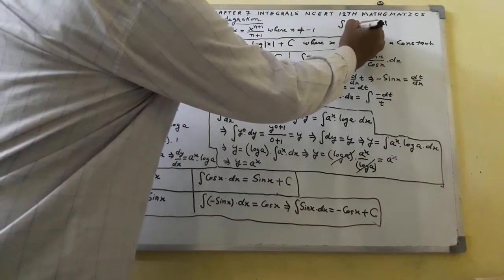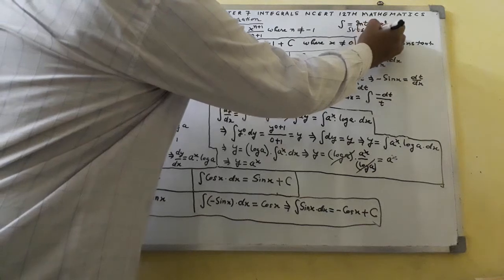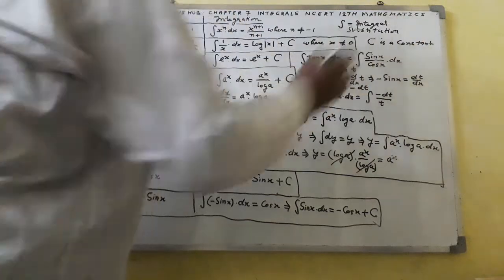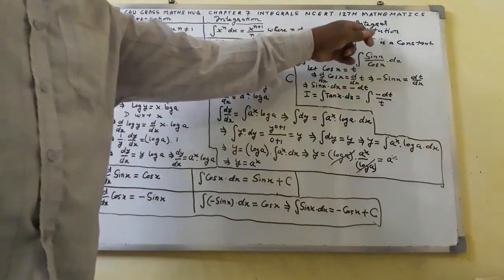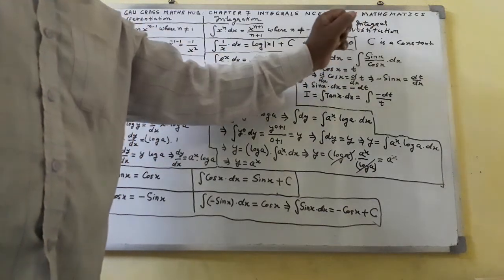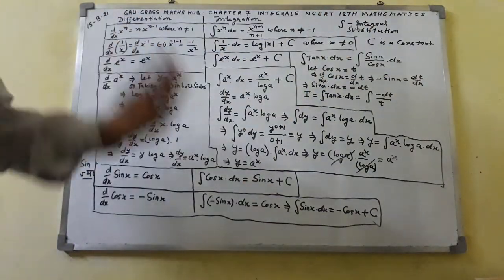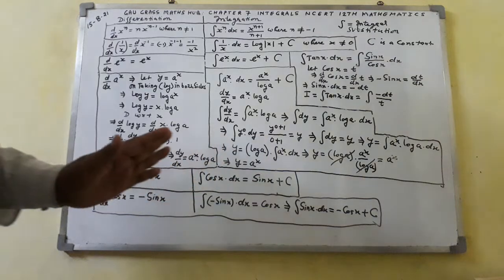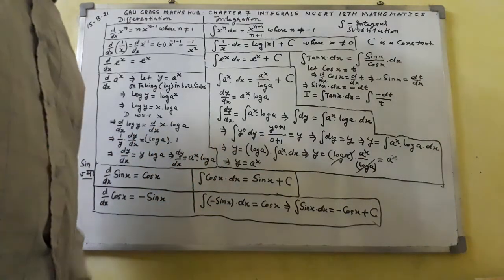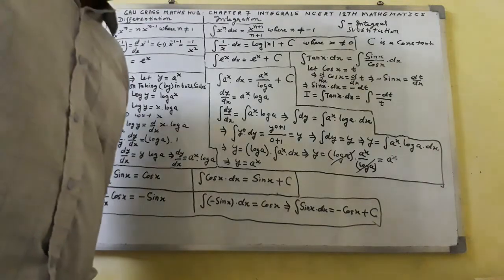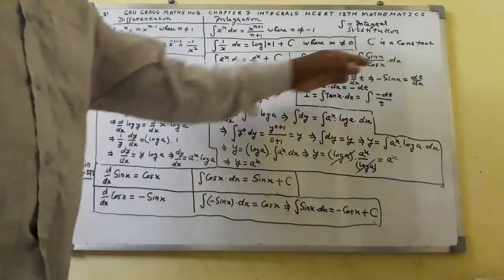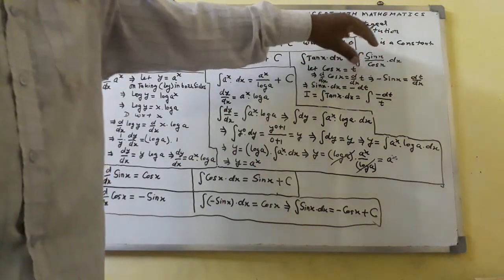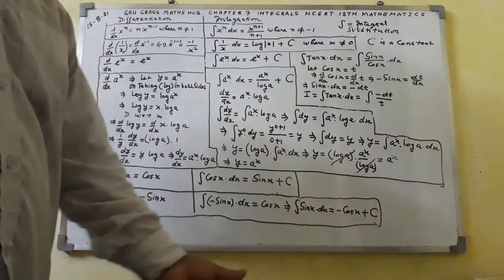Substitution method means replacing one term with another term. Substitute means to replace, substitution means replacement. The complete term which is there in terms of x has been substituted in terms of t.